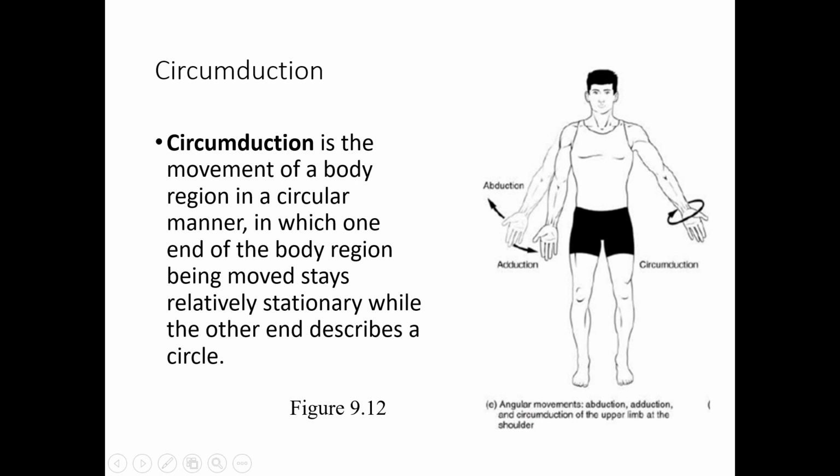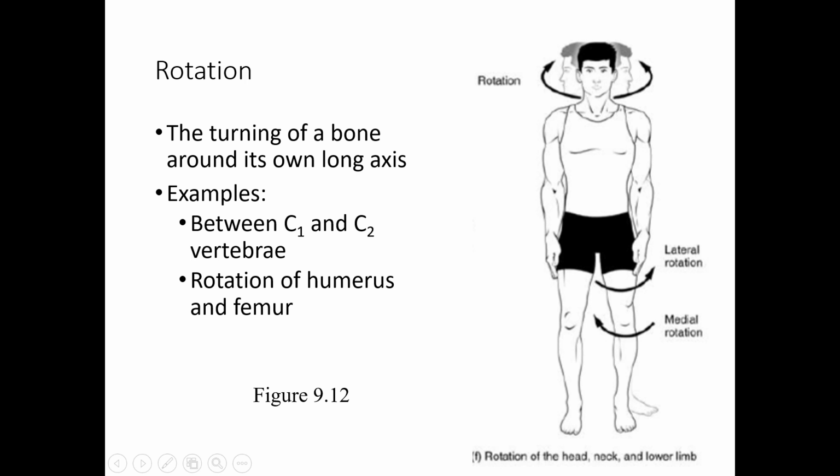It means this distal end of your arm is making circles, but this end of your arm is still attached at the shoulder point. That is circumduction. Rotation is something completely different. That's turning of a bone around its own long axis. Let's say we're turning our head left and right, and that's turning around the axis of the bone.